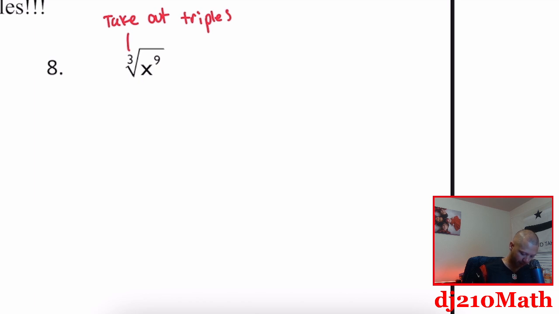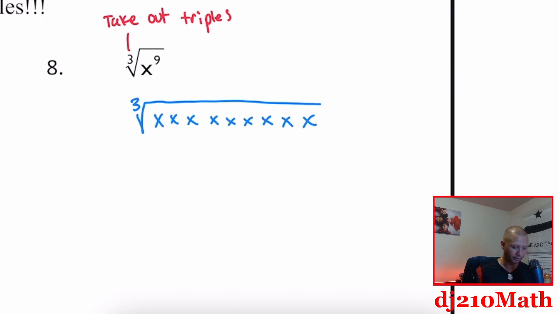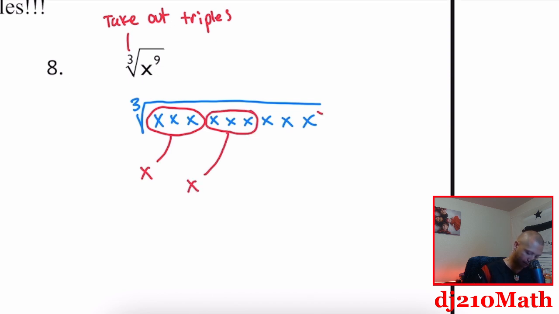So for instance, cube root of x to the 9. That means there's 9 x's. So I'm going to pull out triples as a single x, triples as a single x, and triples as a single x.